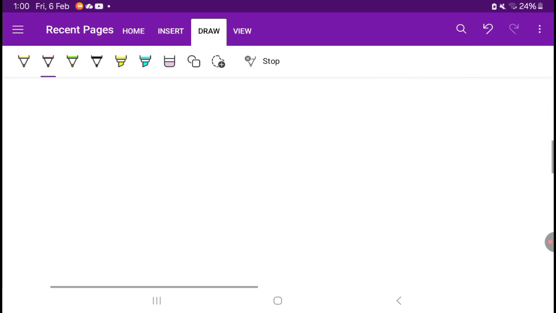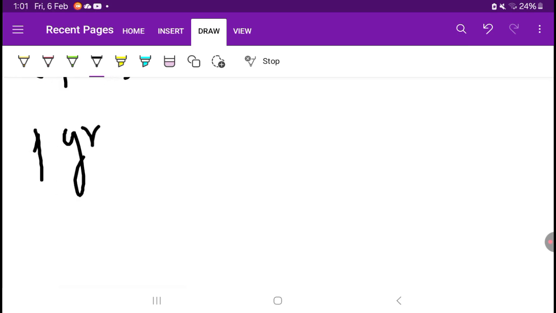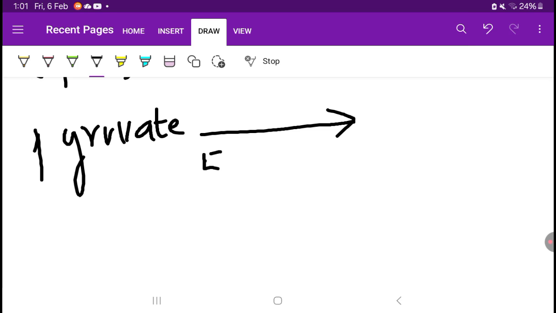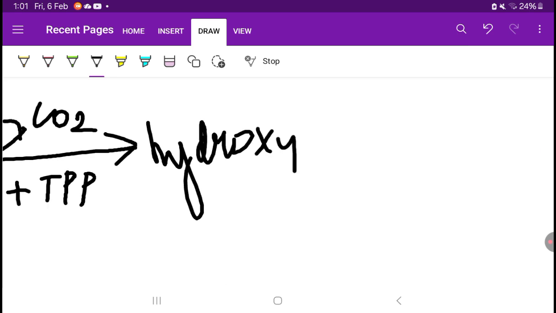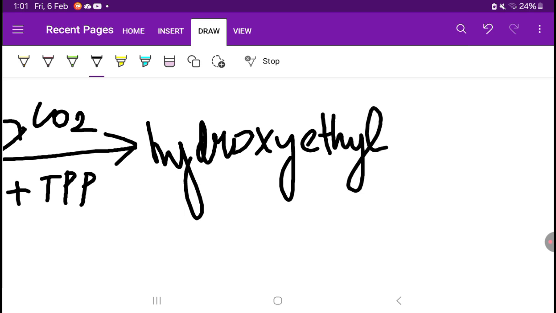Let's dive into the steps. So the first step is by E1, pyruvate dehydrogenase, which converts pyruvate in the presence of E1 plus TPP, and in this process carbon dioxide is also released. Hydroxyethyl TPP complex is formed.